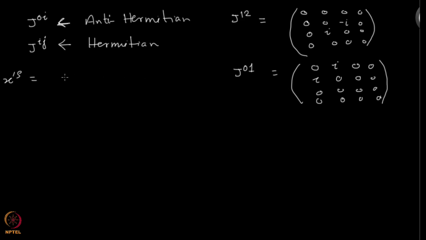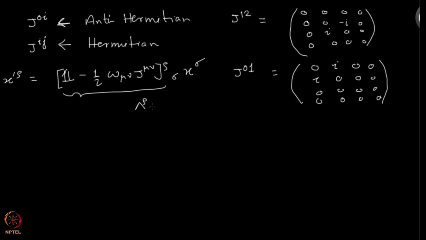Instead of writing delta, let me write identity minus i over 2 omega mu nu j mu nu. Then you have to take the rho sigma element of this and contract with x sigma. And this is what your lambda rho sigma is, that is the infinitesimal Lorentz transformation.